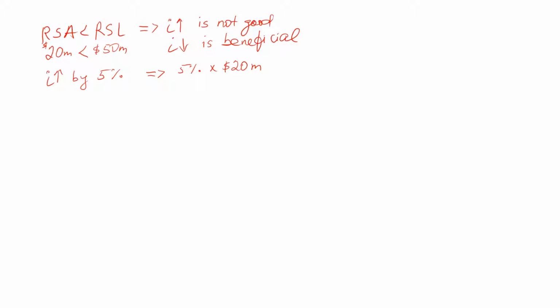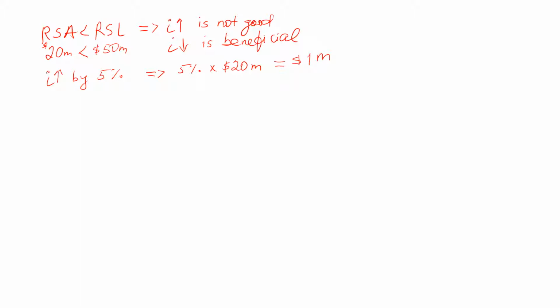So that's 5% times 20 million, which is $1 million. What is happening here is the bank gets $1 million more in interest income. So this is a positive increase.